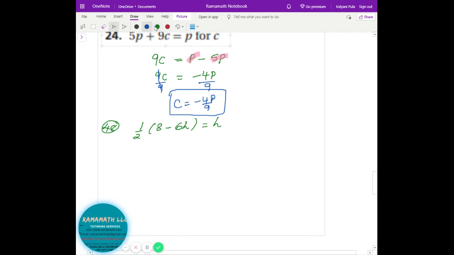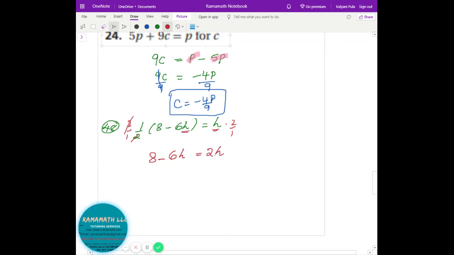So when you have it here, your variable is here and also here. So let's try to get rid of any extras you have. It's 1/2, so I'm going to multiply by 2 over 1 on both sides. You cross that out. Now 1 over 1 is 1. So 1 times this, 8 minus 6h equals h2, which means 2h.